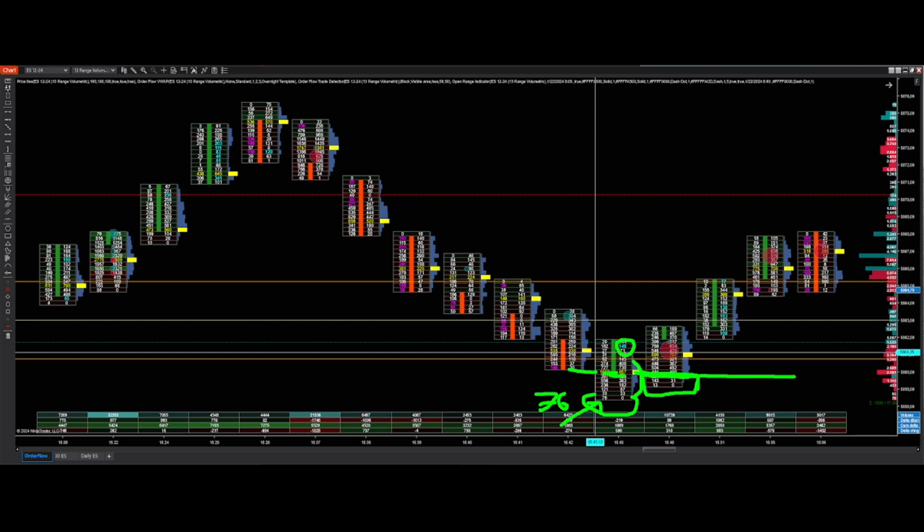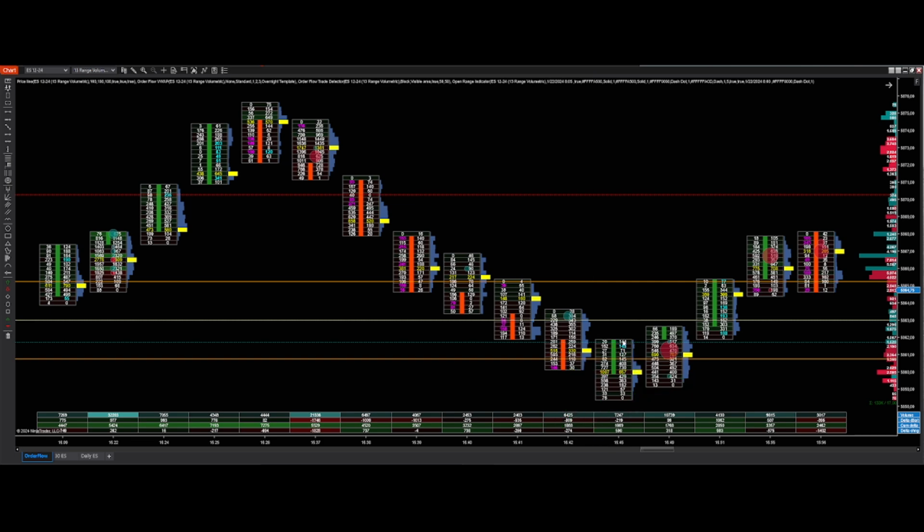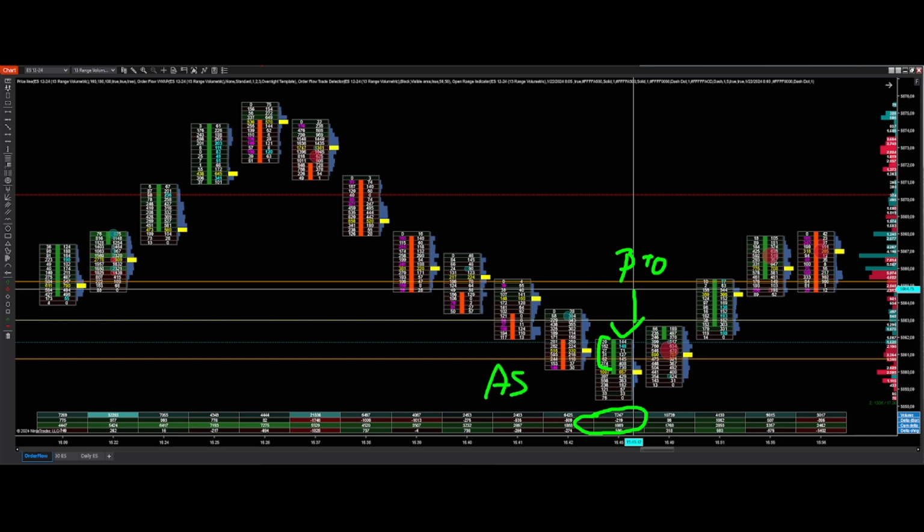It's less of a significant imbalance, but it is an imbalance nonetheless, which signals buying strength coming back in, so buyers taking over. Also, what do we see? We see a red delta right here and a green bar, which means aggressive sellers were selling into passive buyers, which takes the price higher in the end.